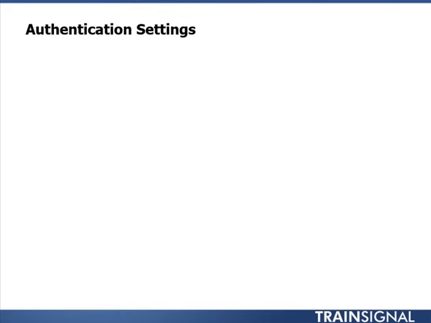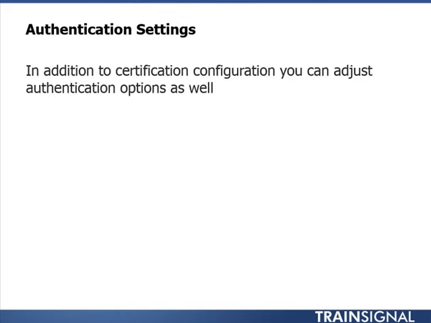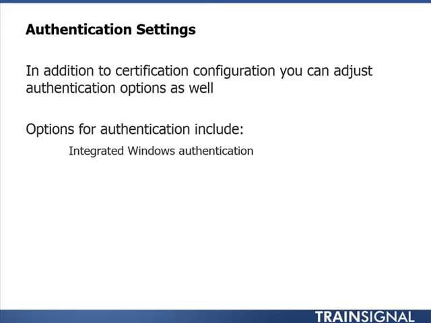So basically, in addition to certification configuration, you can adjust authentication options as well. So certification relates to secure socket layers, it relates to security, and authentication also relates to security. Now, the options for authentication include integrated Windows authentication, and so with something like a single internet accessible client access server for all of your sites, you want to make sure that you enable Windows integrated authentication on any of the servers that are not internet accessible.